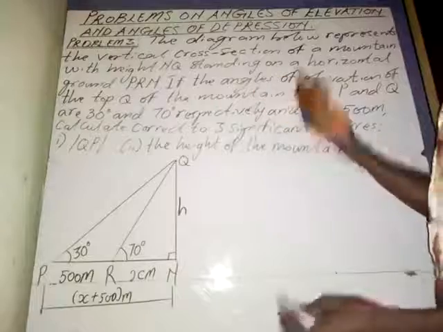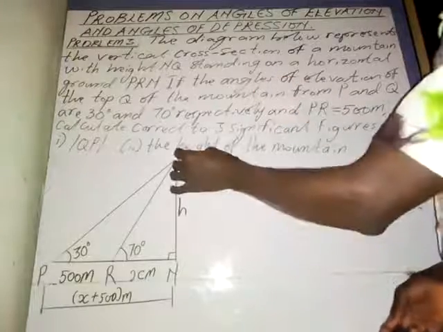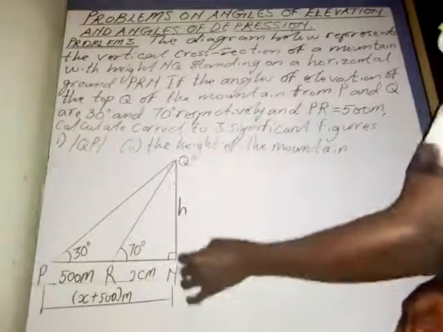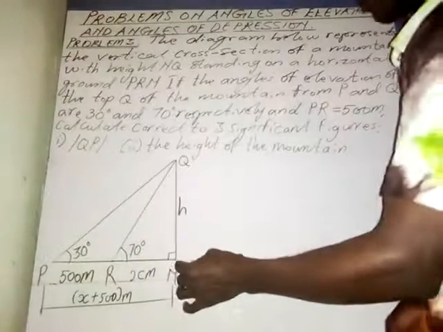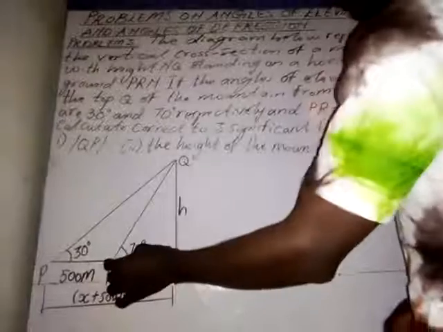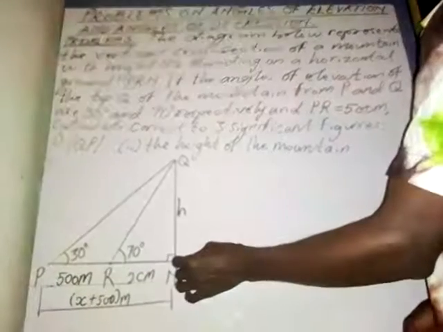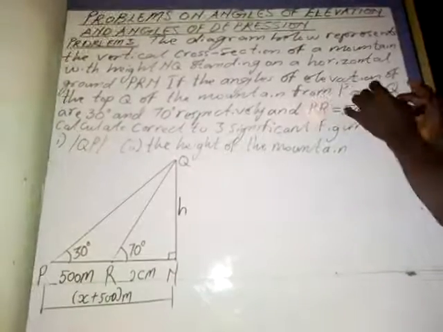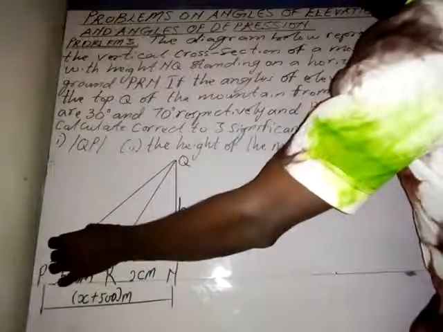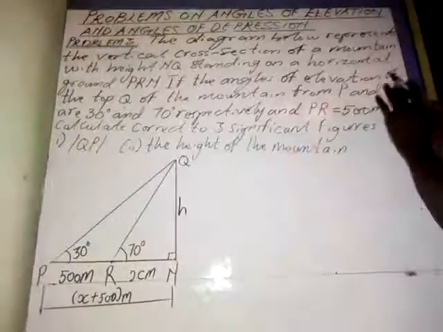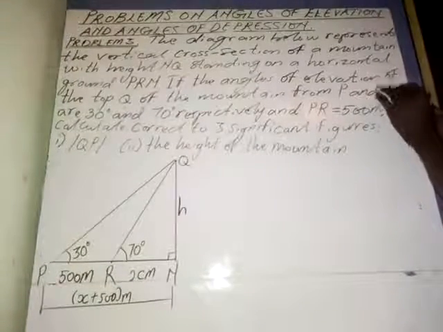And then in the same question, we are told that this height is standing on the horizontal ground PRN, and then we are told that the angles of elevation of the top Q of the mountain from P and R, sorry.